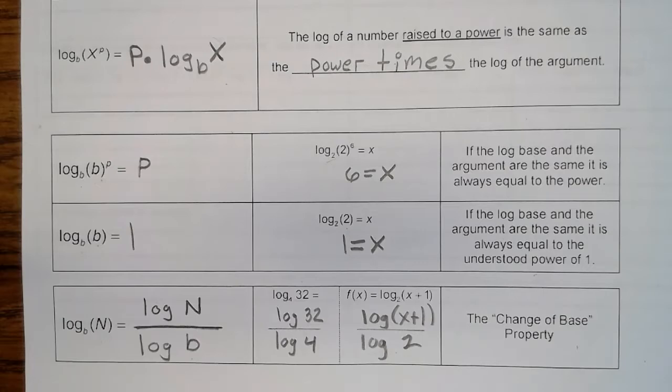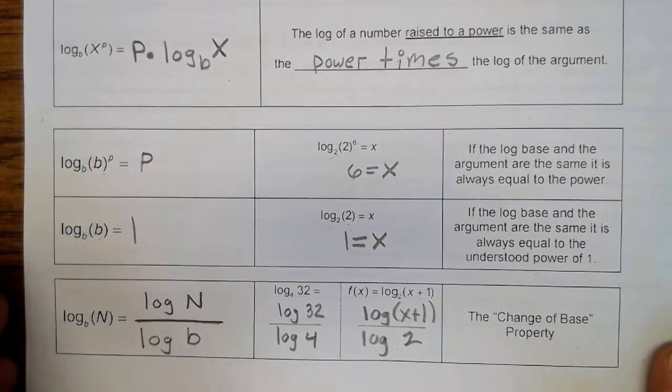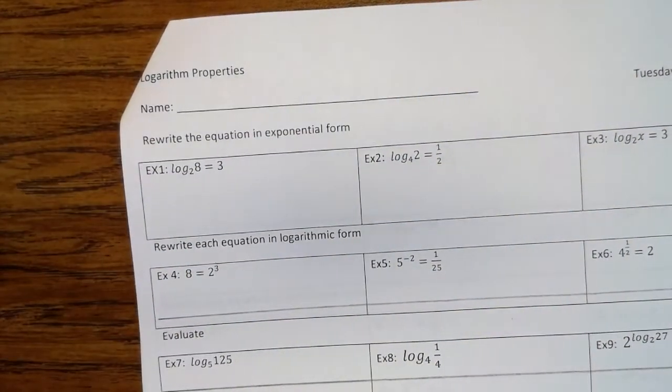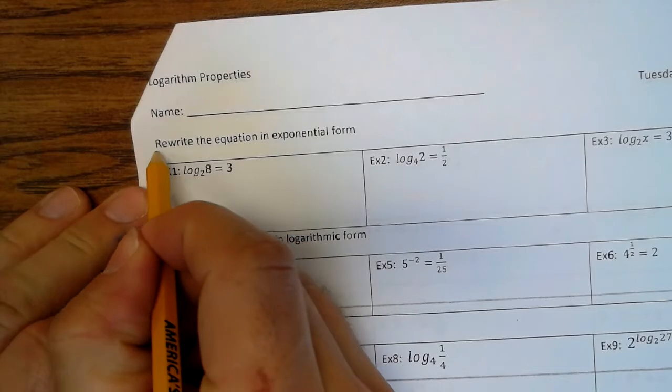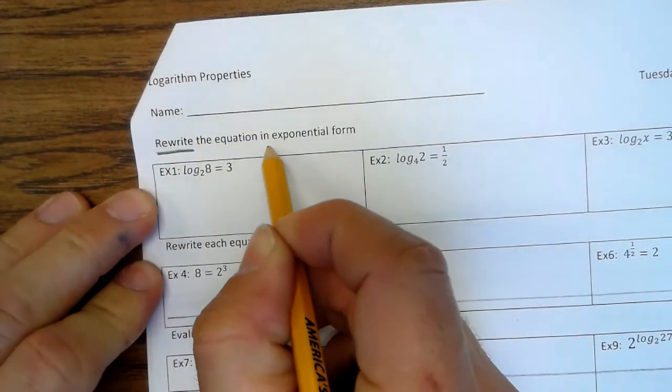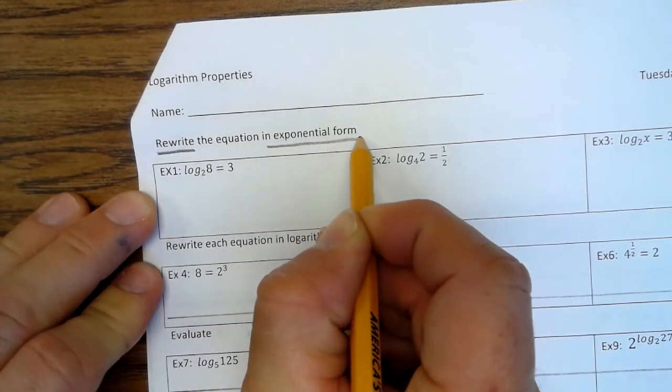So now let's use those on the examples. All right, so now let's look at example 1. So here we're going to rewrite in exponential form.